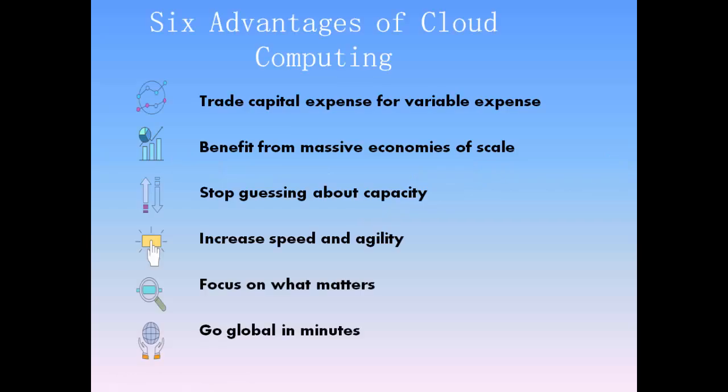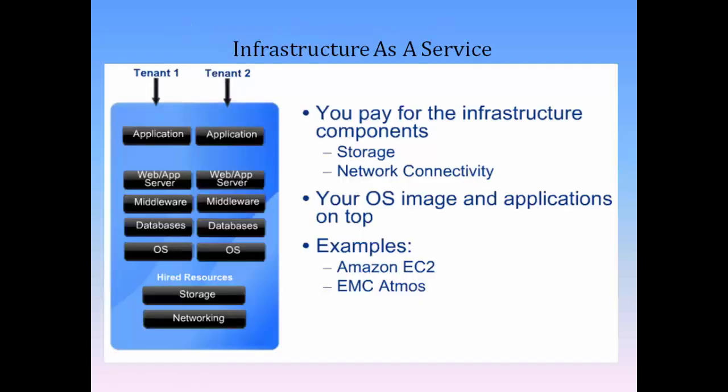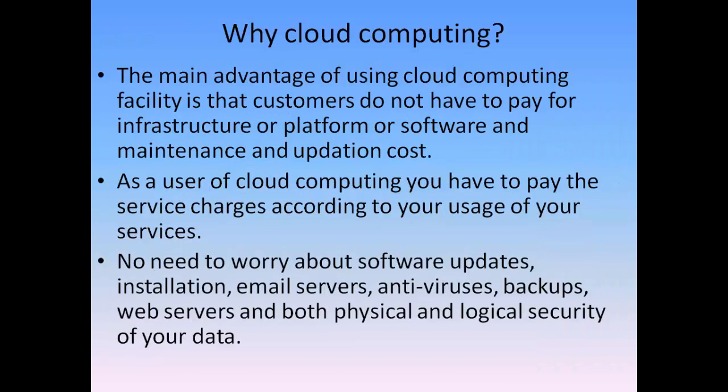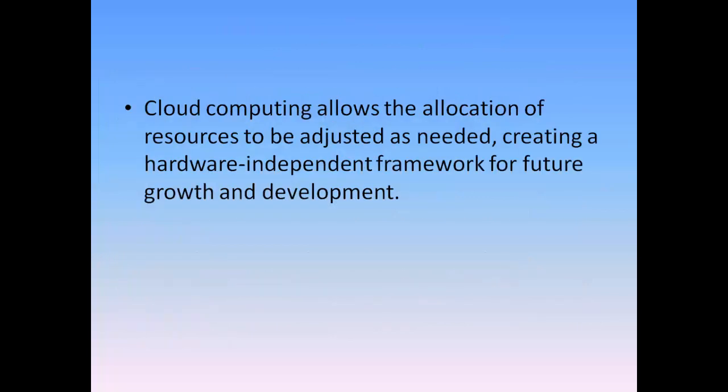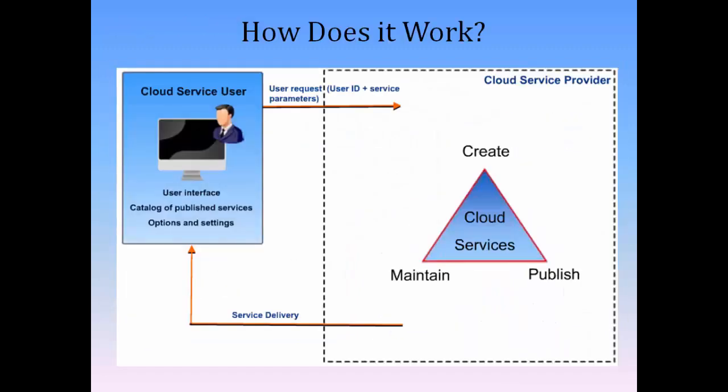So this is the basics of cloud computing. Perhaps everything is clear, the benefits that we discussed. Basic definition, what the basic benefits are, types of cloud: private cloud, public cloud, hybrid cloud.